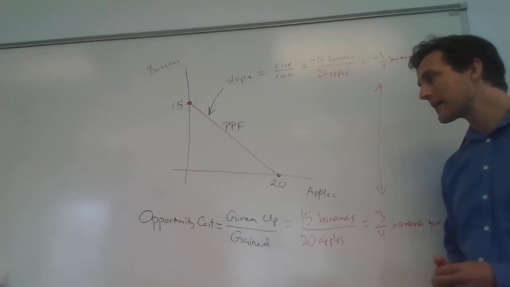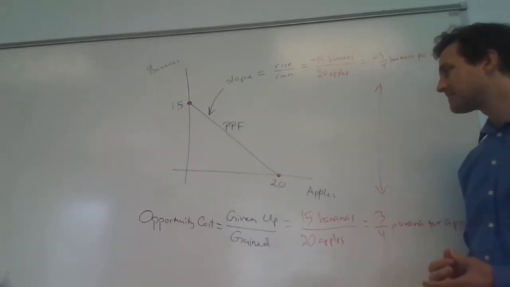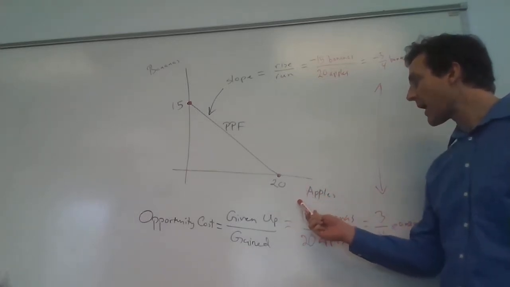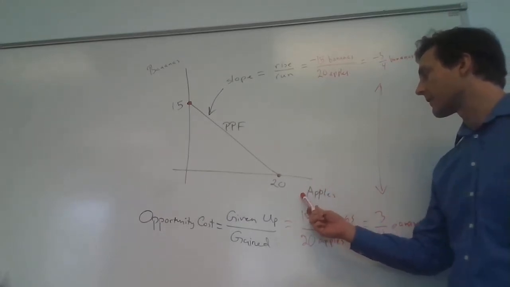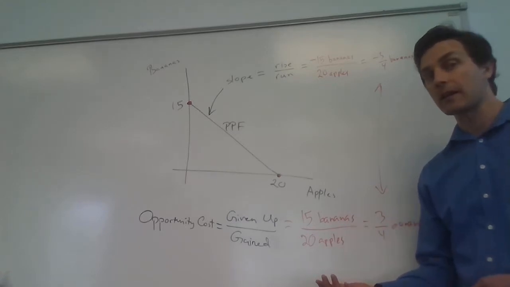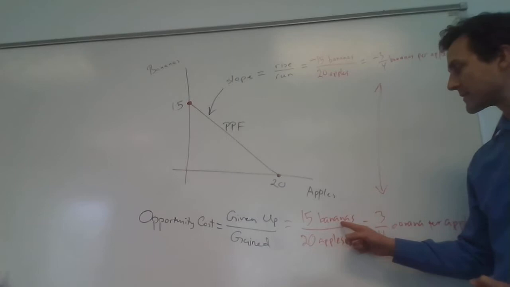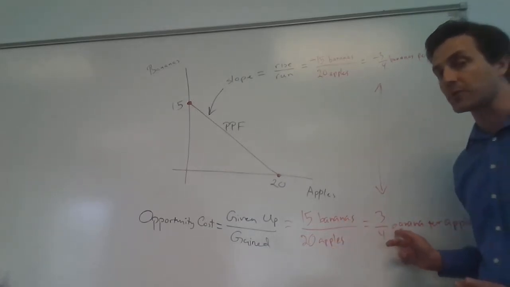Now let's talk about why that is the case. When you're talking about the opportunity cost of a good, you're talking about how much of one good you have to give up in order to get that good. So it's given up divided by gained. We're talking about how many bananas you have to give up in order to gain apples, so the units are bananas per apple.